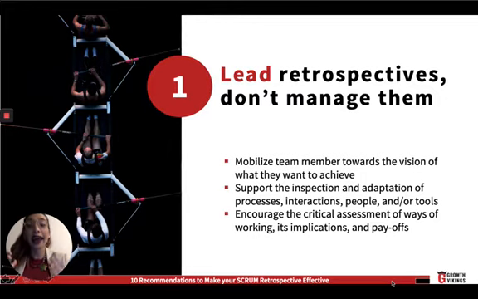This can help team members to critically assess their way of working, the implications of that way of working, and if that way of working is paying off, if it's helping them to achieve their vision. By doing this, you're mobilizing them and you're leading rather than managing.